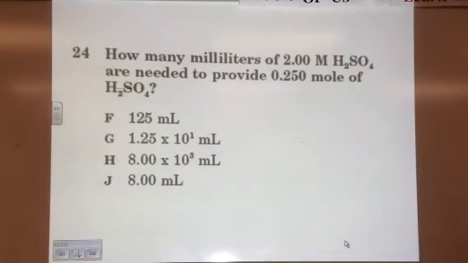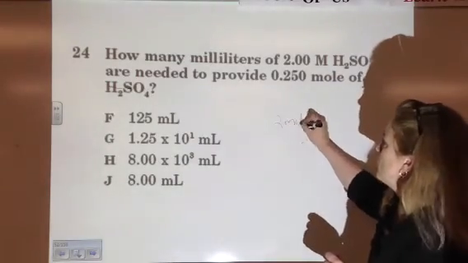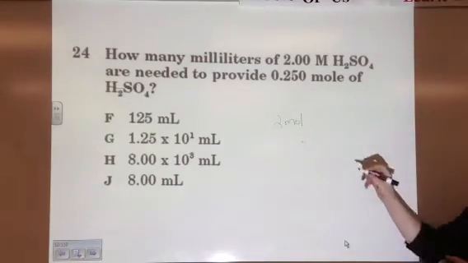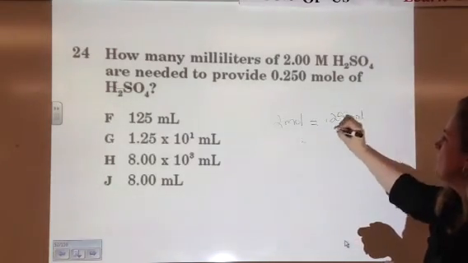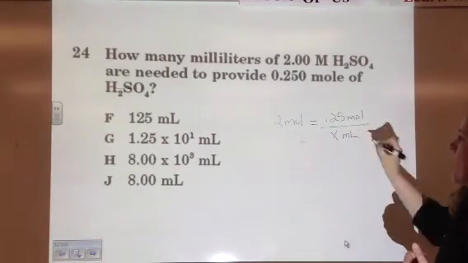All right. How many milliliters of 2 molar solution? Well, if it's a 2 molar solution, we've got 2 moles in a certain volume to provide 0.25 moles of H2SO4. So we want to get to that many moles, and we want to know what volume that's going to be.